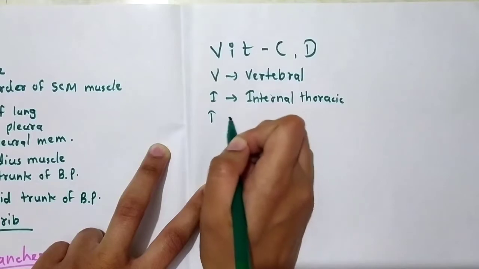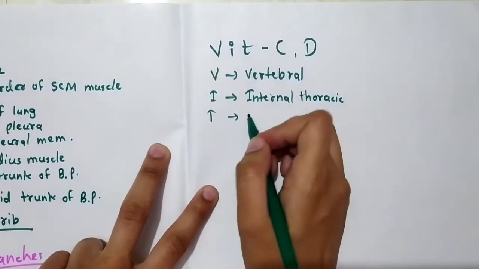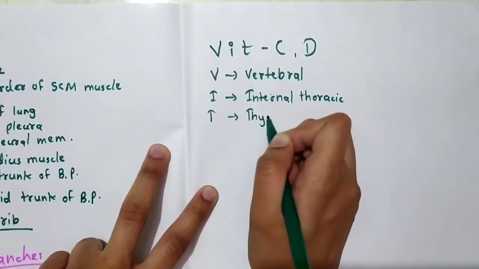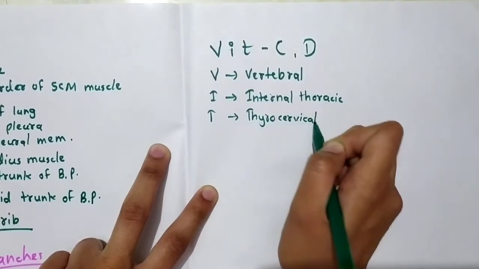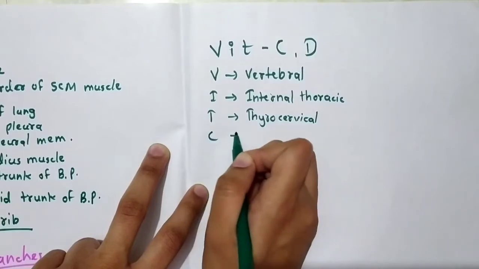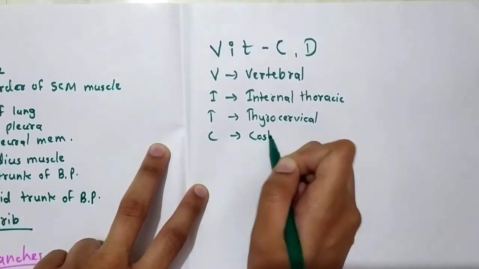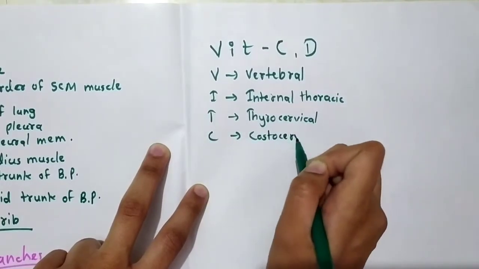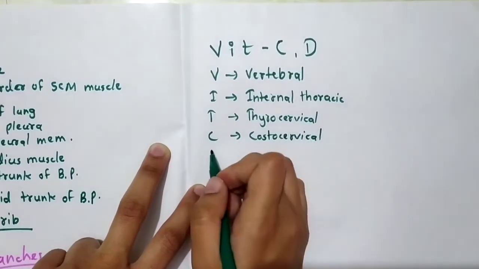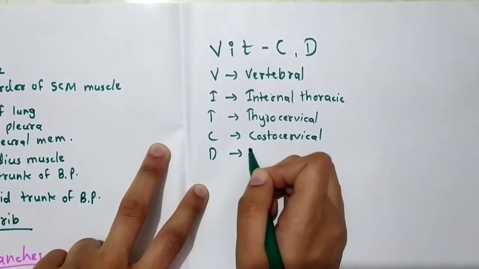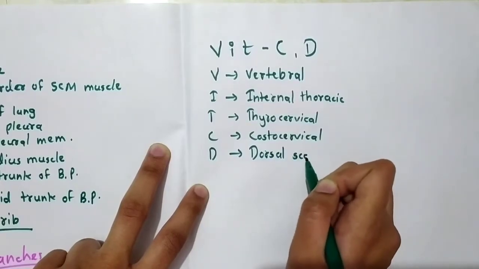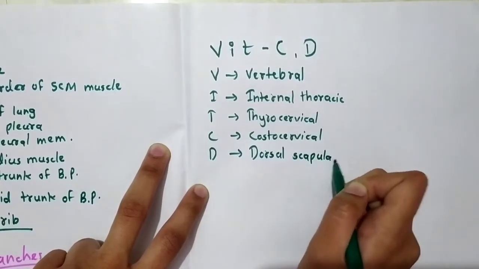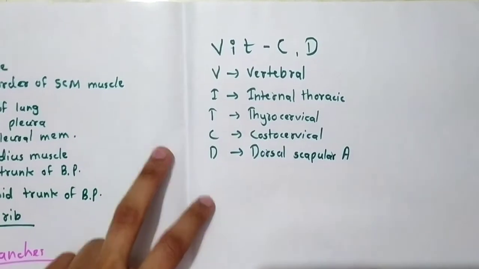From T there is the thyrocervical trunk. From C there is the costocervical trunk. And from D there is the dorsal scapular artery. Okay, so this is a mnemonic.